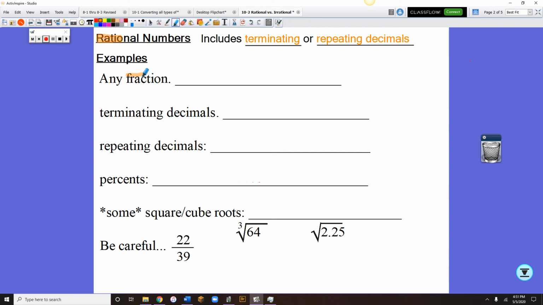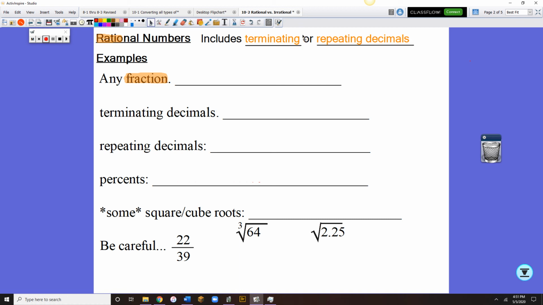So when I talk about changing things into decimals, the dictionary definition would be fractions. However, turning percents and square roots and different things into fractions is not as easy as turning things into decimals. So that's why we choose decimals.